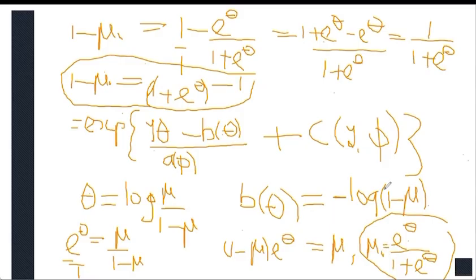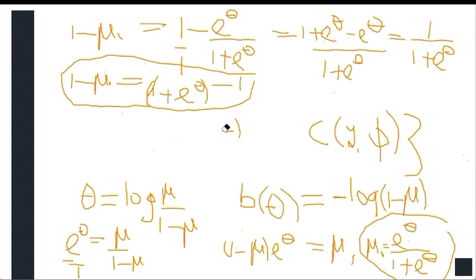Now I will come back here, I want to get my b of theta, which is minus log 1 minus mu. I just figured out 1 minus mu to be that. So let me clean up. What do I have right now?